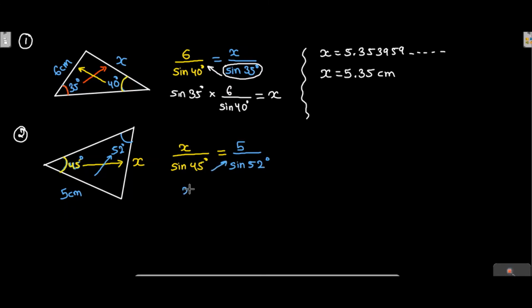So it will be x equal 5 divided by sine 52 multiply sine of 45 degree. You can divide the value 5 divided by sine 52 first. 5 divided by sine 52.